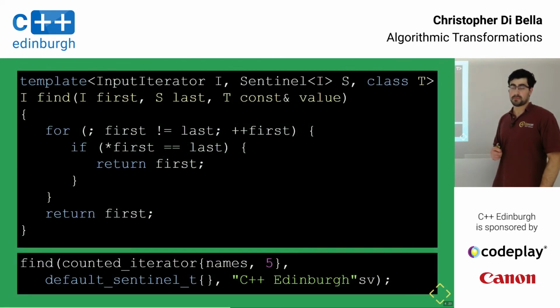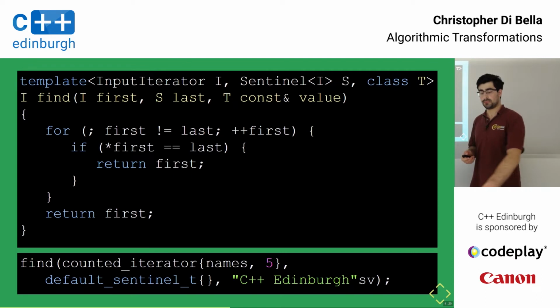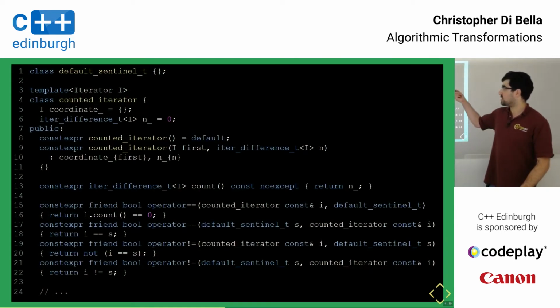To define that equality operator, if you've got an entirely different type, that sounds a bit tricky. I mean, you need to know maybe some details about the type that you want to compare to, stored in this sentinel value. So if we take a look at the sentinel that we have here, notice that the sentinel's completely empty, and all the information is actually in the iterator.